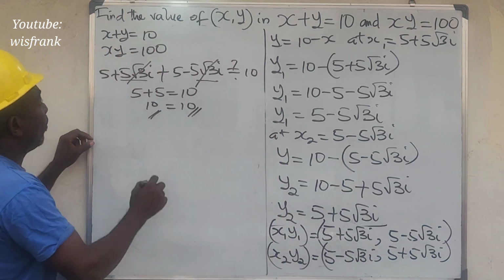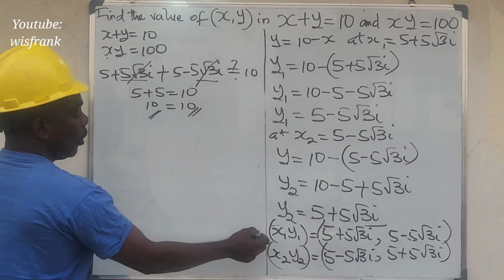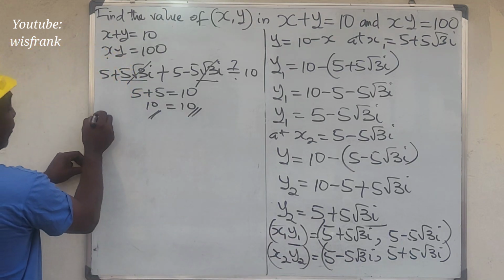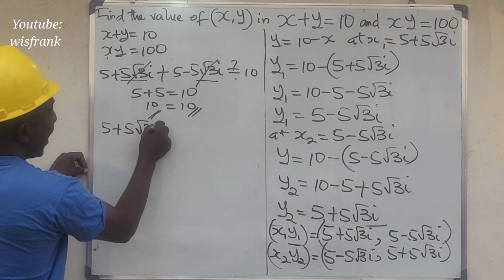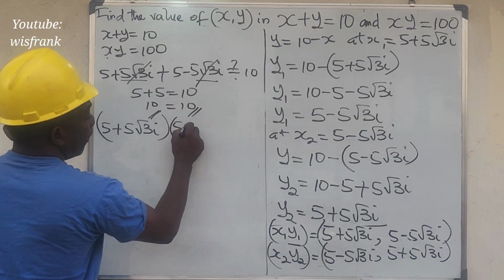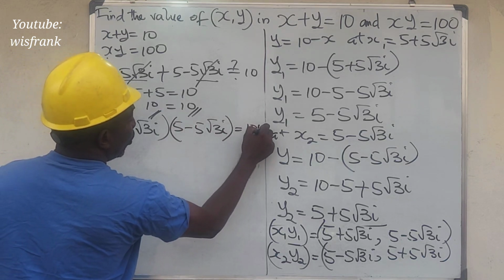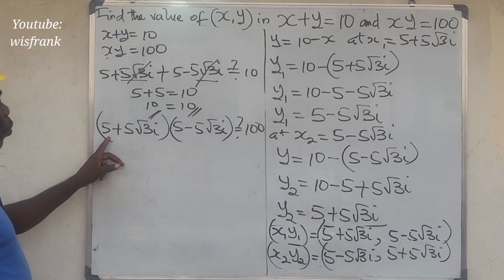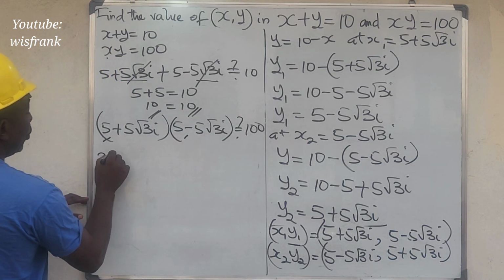Let's look at the second term where we have xy equals 100. Still on this first one, we have 5 plus 5 root 3i, multiplied by 5 minus 5 root 3i. Will this equal 100? So doing, we can expand this parenthesis. 5 times 5 will give us 25.